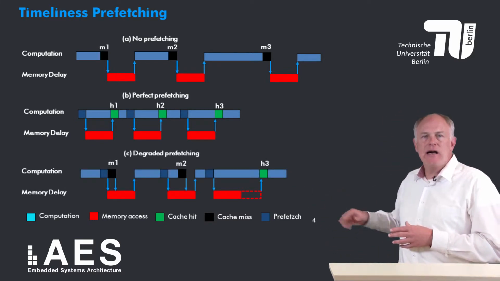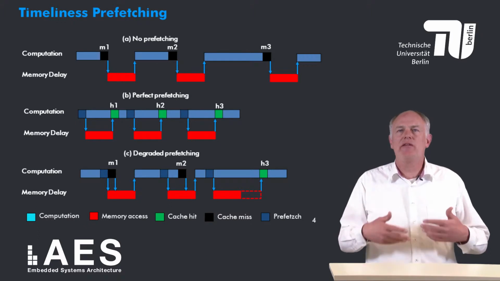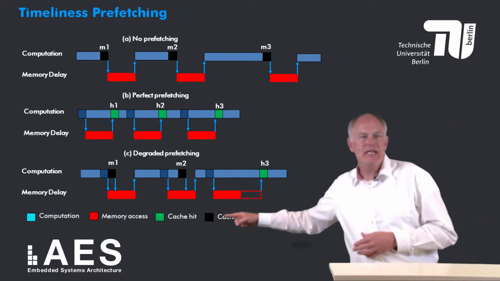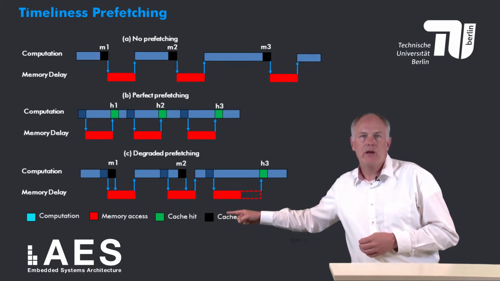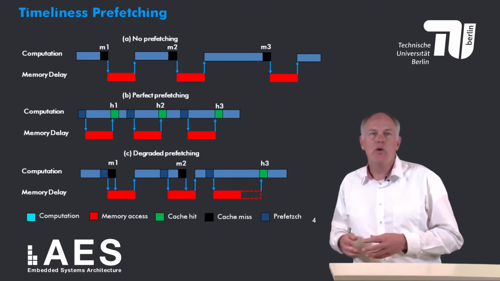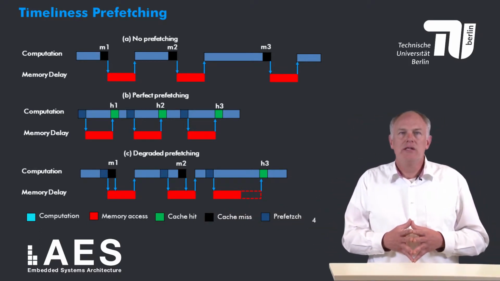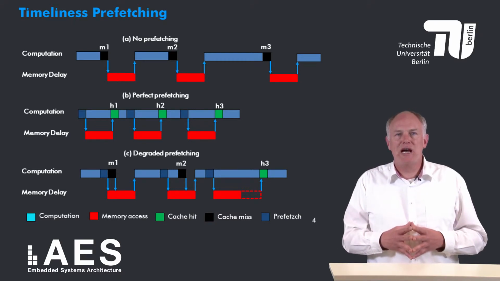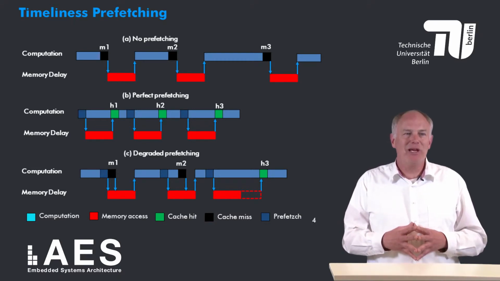Finally, this timing diagram illustrates degraded prefetching. The first prefetch is issued just before the access to that data, so the CPU still has to stall for a large number of cycles before the data arrives and can be used.